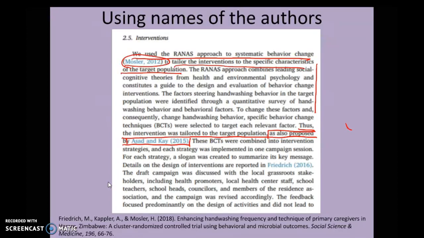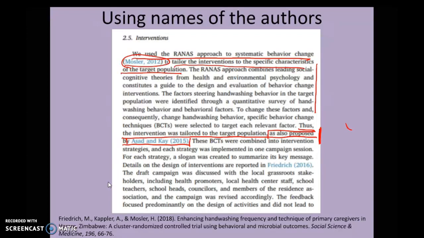So part of the strategy to do it this way, by not necessarily mentioning authors, as opposed to what these authors do here with "as also proposed by Assad and Kay," is that you're saving space. And when you're publishing, you only have a limited amount of words, and believe you me, you never have enough space to say everything you want to say in a journal article.